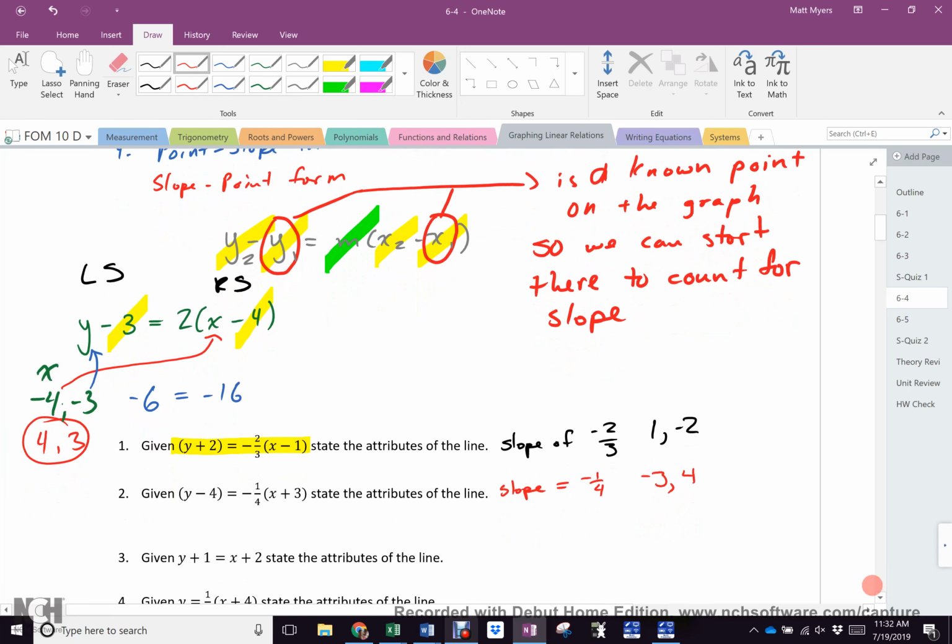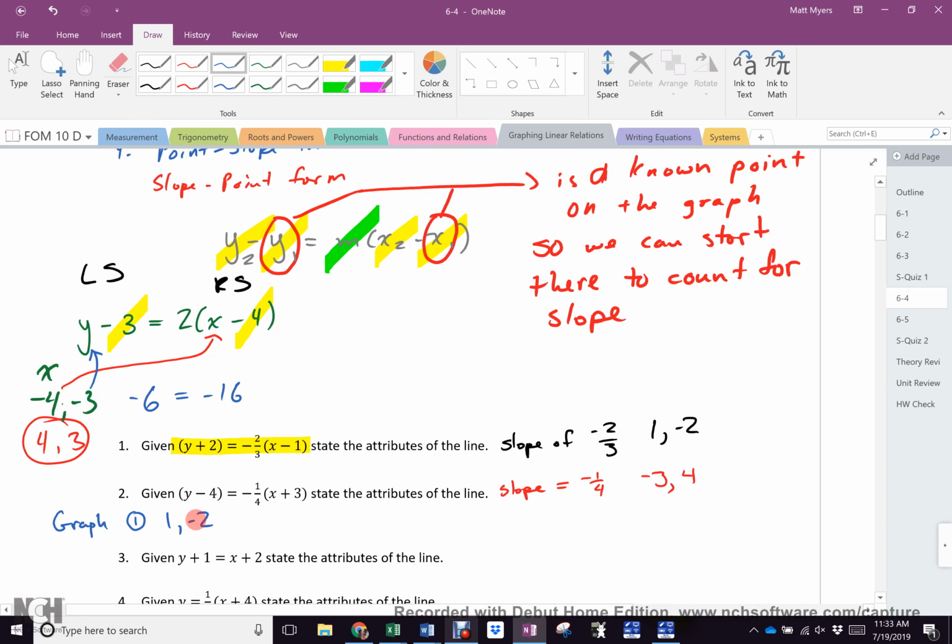Now, we're going to stop there for a second. If I wanted to graph number 1, where would I go to graph it? I would go to 1, negative 2. But 1 point is not a line. I need a second point, yes? How would I get to the next point? What are my two options? You know my slope.